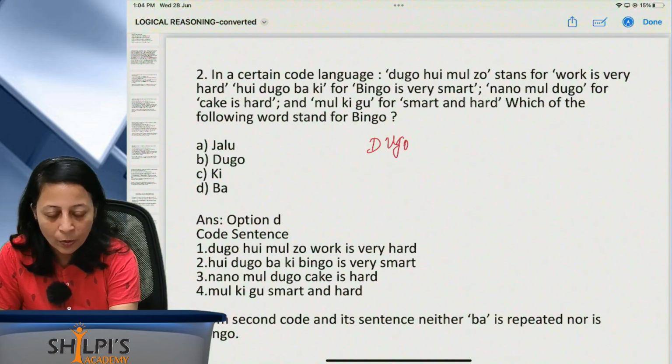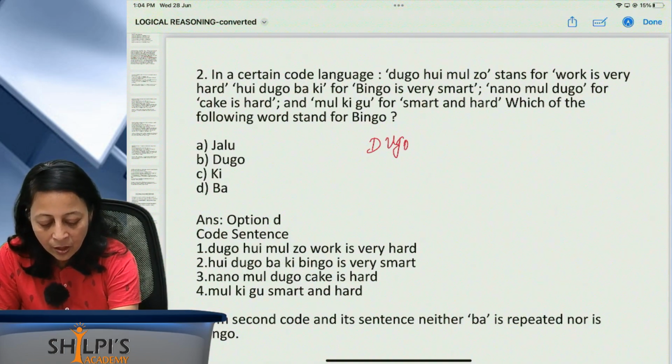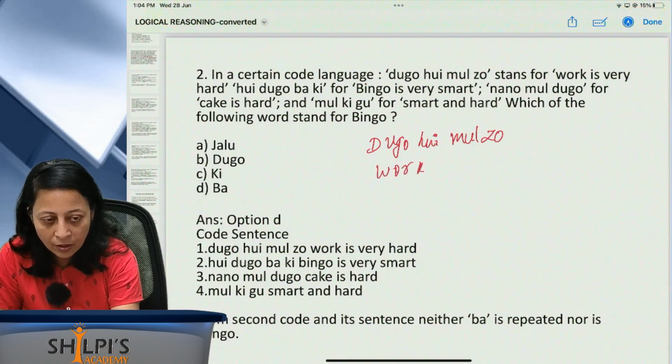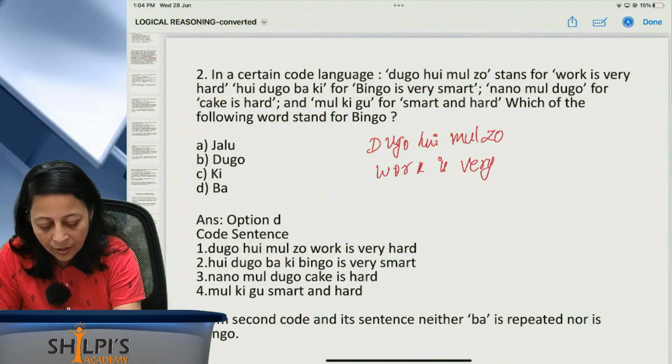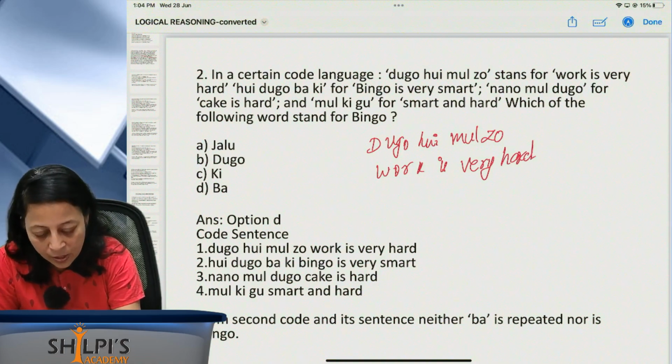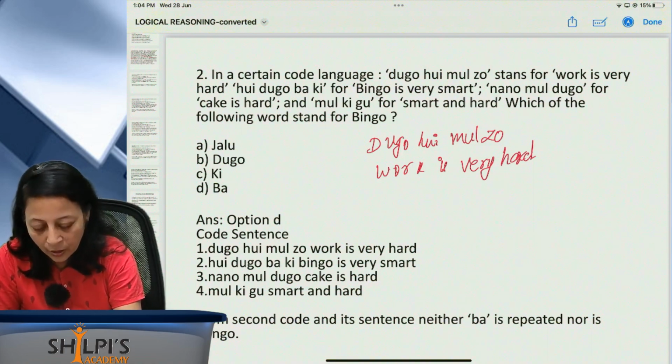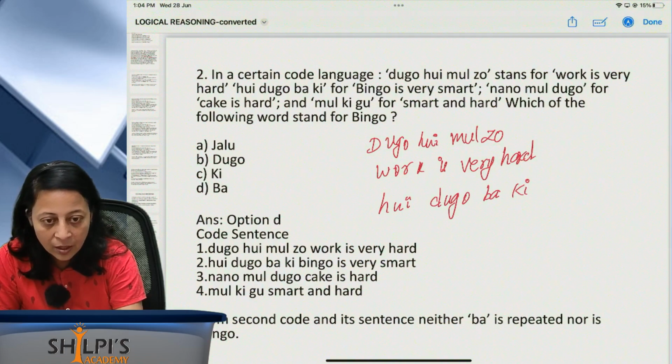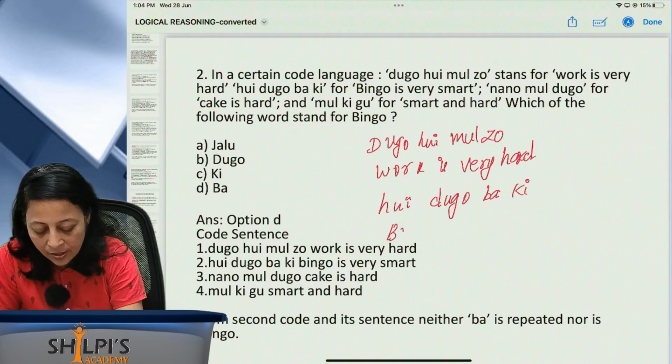Here it is given: do go, hui, mul, zo, work is very hard. Okay. Now let's go for the next one: hue, do go, ba, ki means that bingo is very smart.